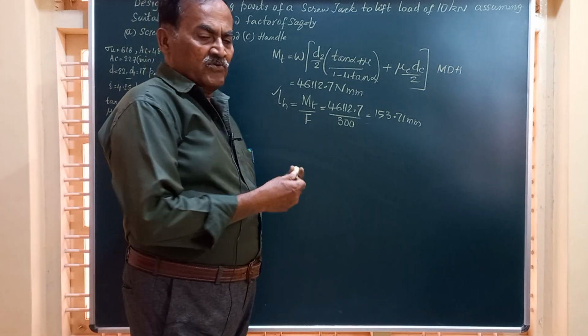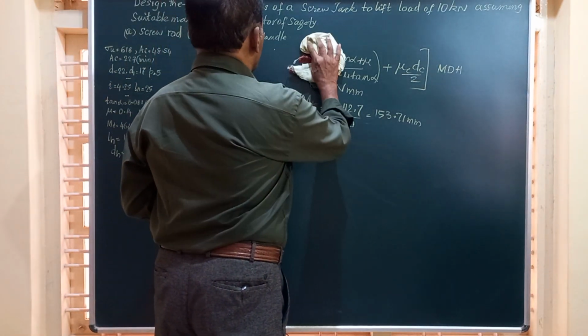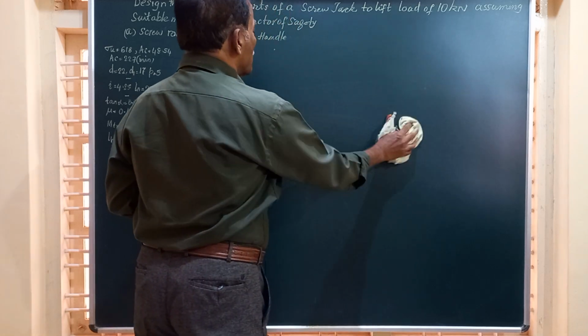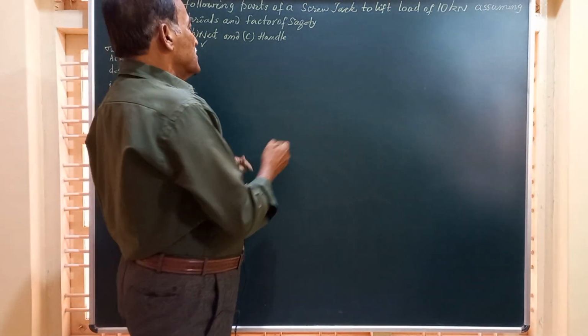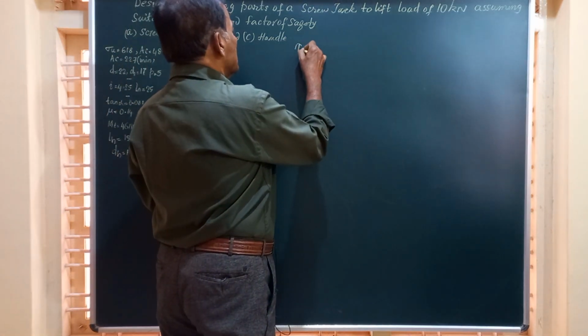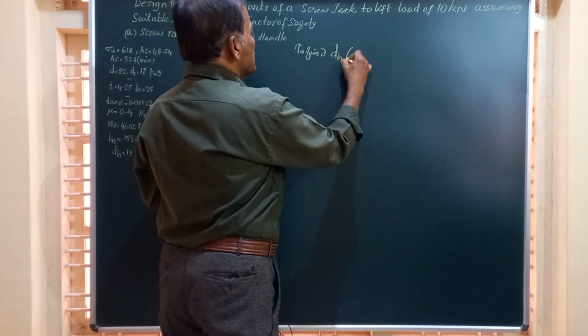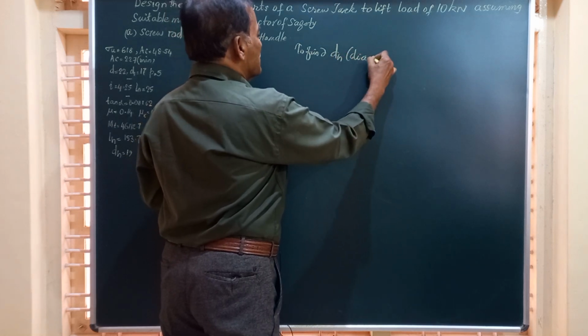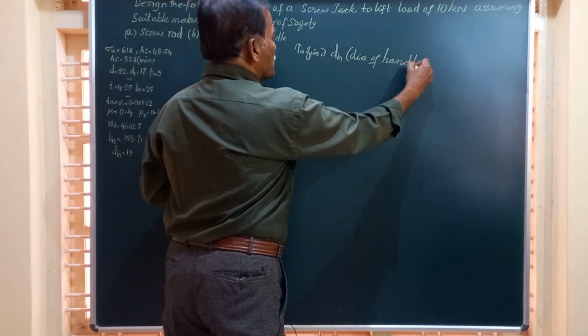So finally, we have to find out what should be the diameter of the handle, because these are the only two parameters you have to find out for a screw rod. So friends, to find DH, DH means dia of handle or diameter of the lever used to lift the load.